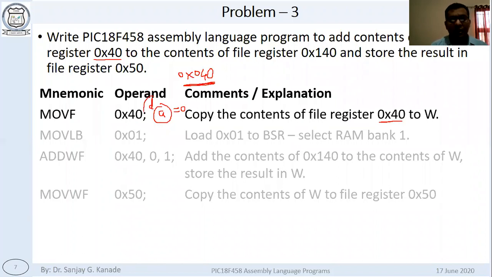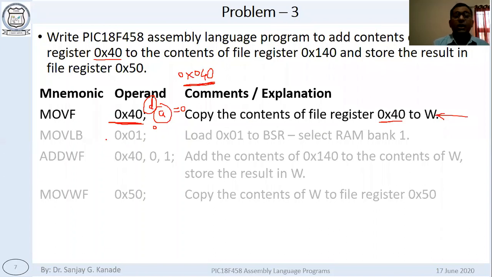F, D, A. D is 0 and A is 0. This means the contents of this register will be copied to destination equal to 0, meaning to W. So the contents of the 0x40 register will be copied to W.